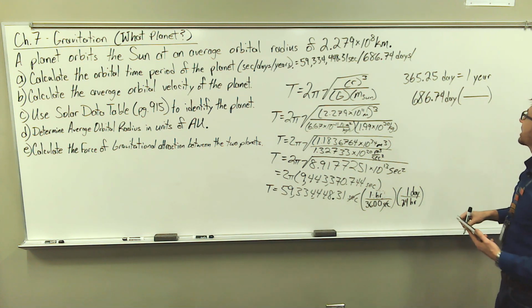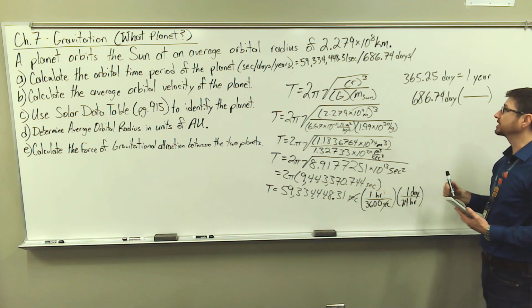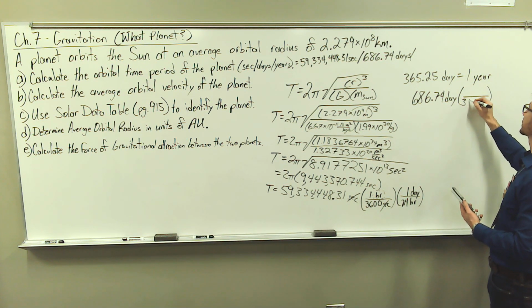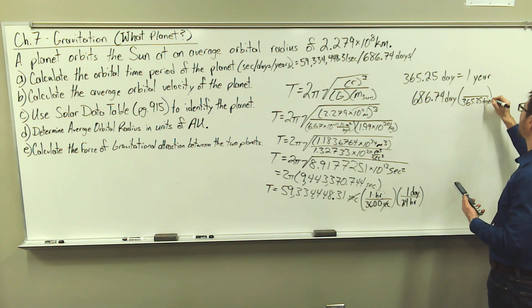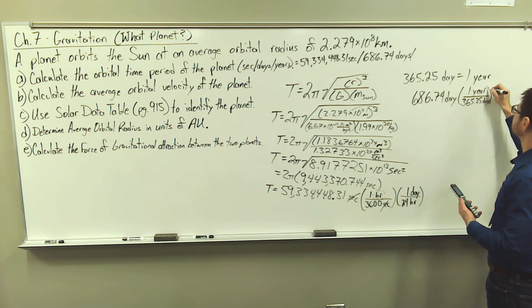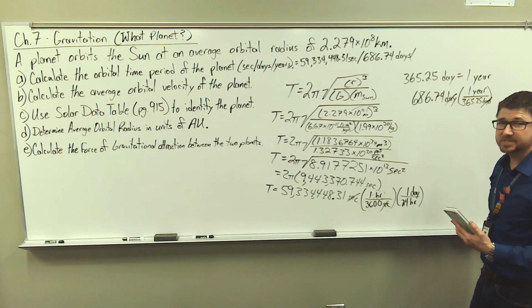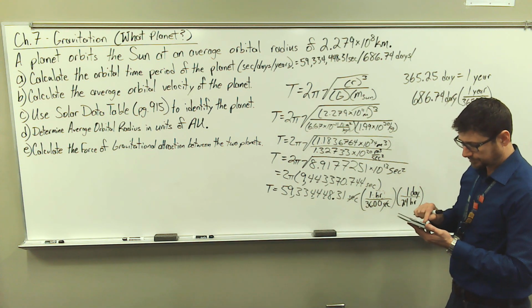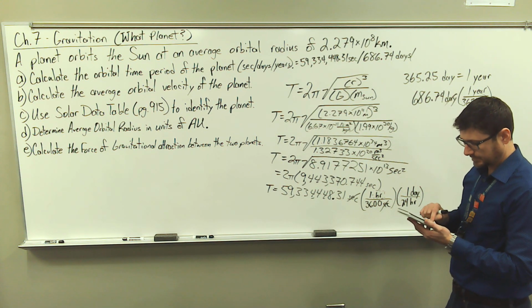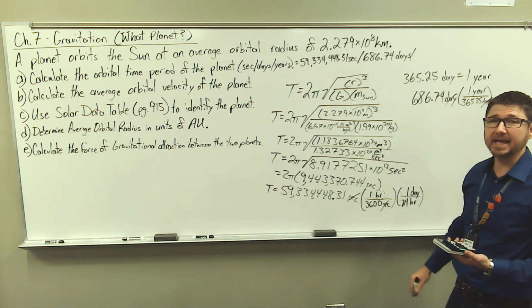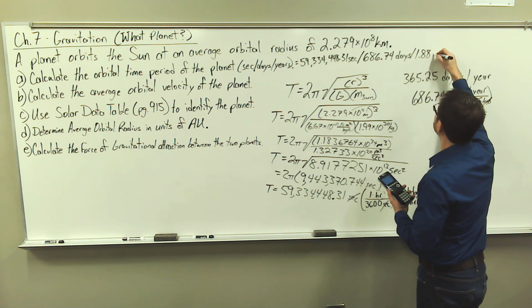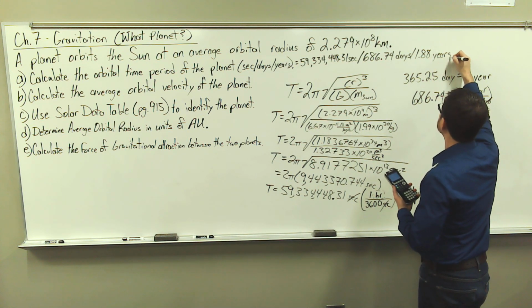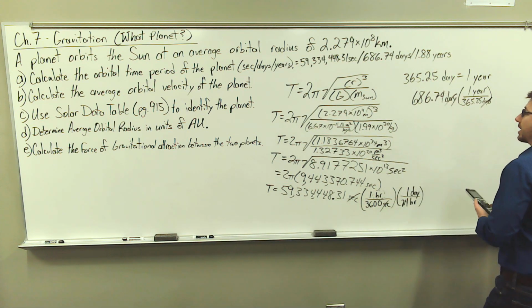I'm going to multiply by a ratio that's going to cancel out the units of days. So we're going to divide by 365.25 days. I have 1 year in my numerator. Okay, units of days are going to cancel. And this gives me 1.88 years.